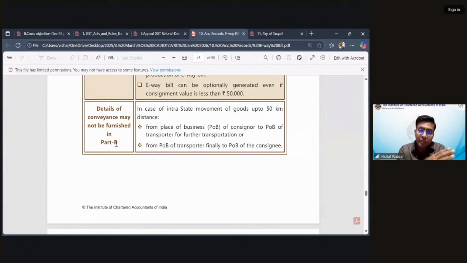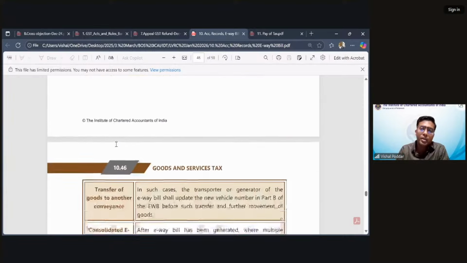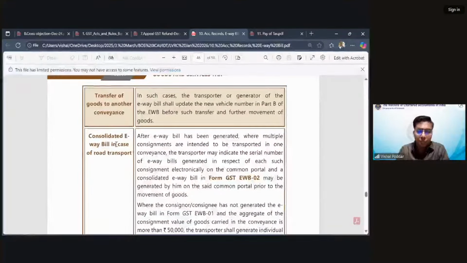Or once the goods have reached the transporter's office, the transporter will be sending the goods to your business place. For both these transports, your place to transporter or transporter's place to your place, if this transport is happening within the state and it is within 50-kilometer distance, e-way bill Part B is relaxed.